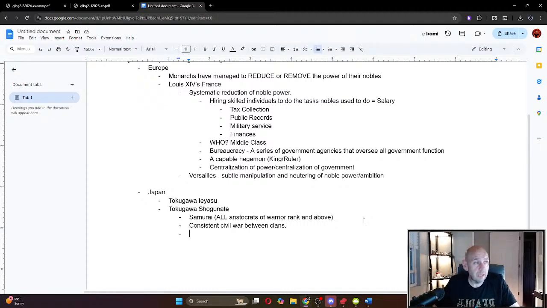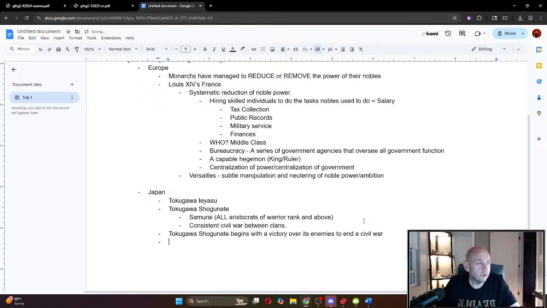Now, how does Ieyasu use a system quite similar here? Well, for one, he gets power. So let's go back to his own situation. The Tokugawa shogunate begins with a victory over its enemies to end a civil war.